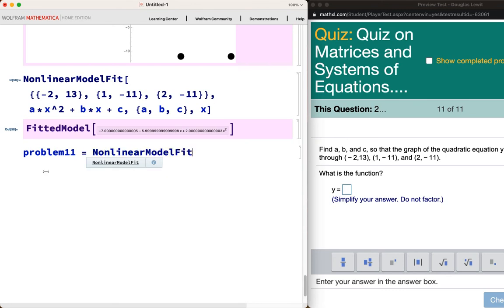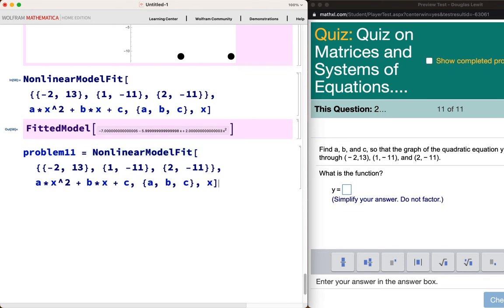Nonlinear model fit, negative 2, 13, 1, negative 11, 2, negative 11. A times x squared plus B times x plus C is the form of my function. My parameters are A, B, and C, and my variable is x.